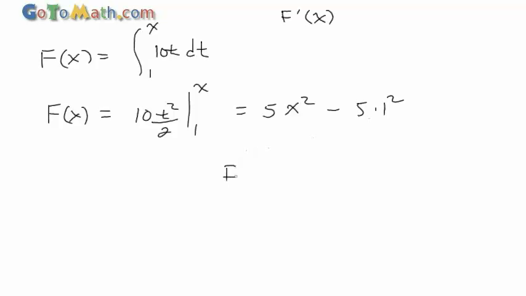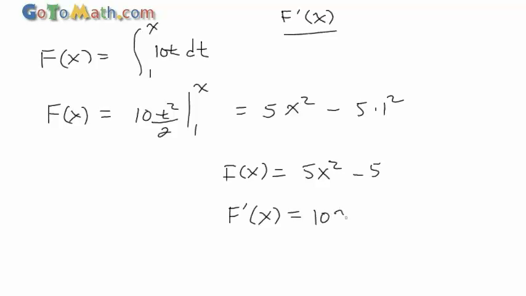Therefore f of x is equal to 5x squared minus 5. If they're asking for f prime of x, we can do that. F prime of x is equal to 10x.